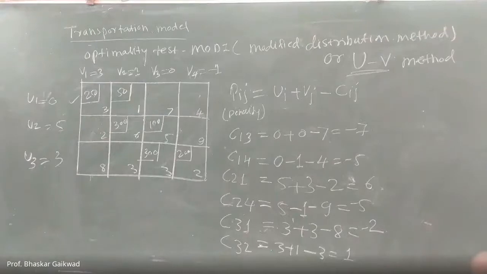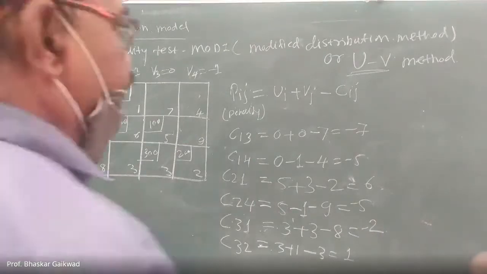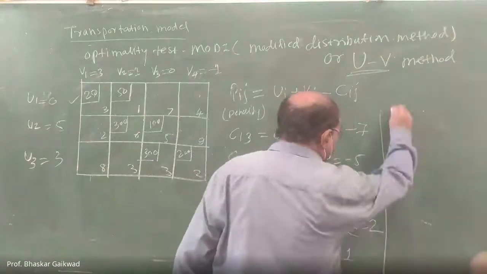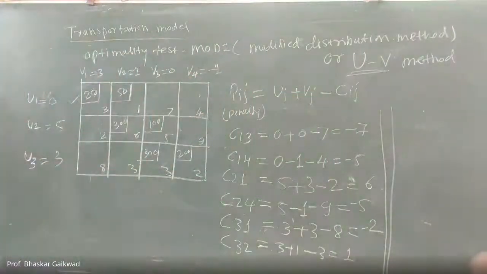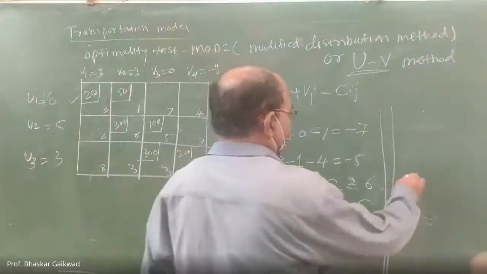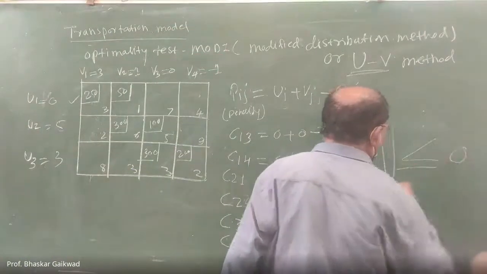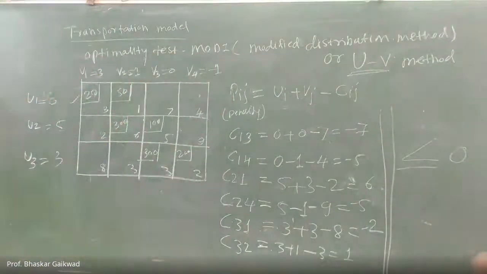So like this way, you have to calculate the values of U and V. In order to test the optimality in the MODI method, whatever values you are getting on the right hand side should be less than or equal to 0.